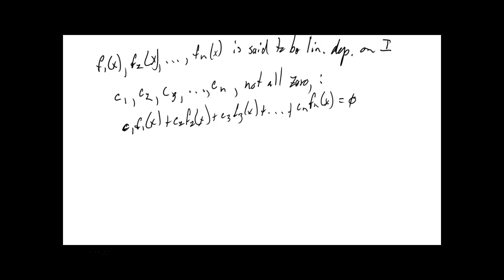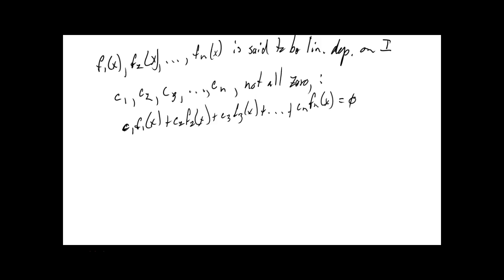If a set of functions is not linearly dependent on the interval, it's said to be linearly independent. That means you can't come up with a set of C's that are not all 0 to give you that. If you cannot, then that's linearly independent. Now, it's a concept you run into repeatedly in math. You may not have hit it much now, but we're going to hit it big time in linear algebra, because it's a basic concept of it.